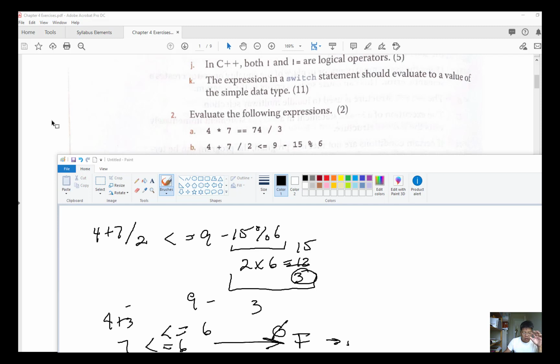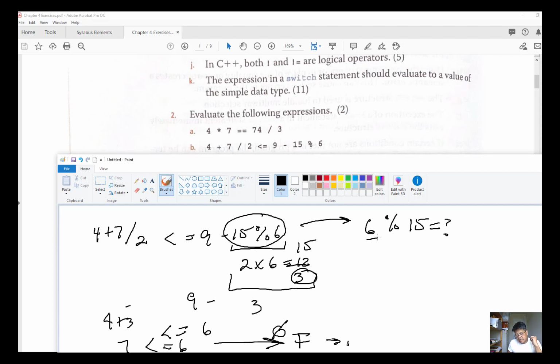Another note I want to bring your attention to is mod. If you're uncomfortable with mod, let me show you how to do this. What would the answer be if I have 6 mod 15? What does that equal? Well, here's my rule of thumb on mod.